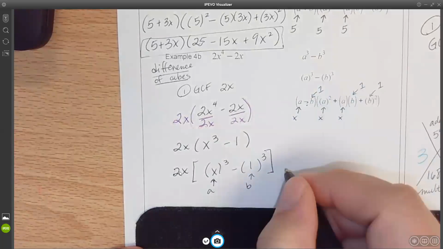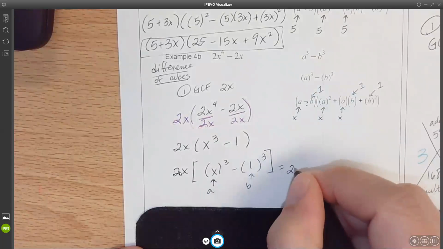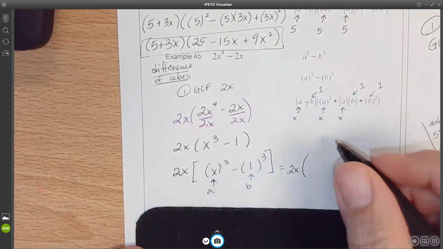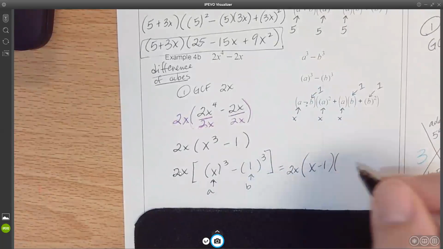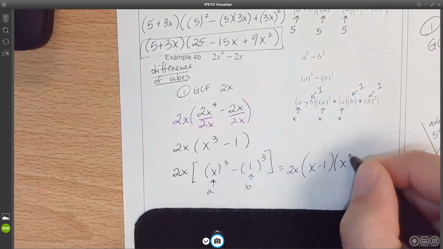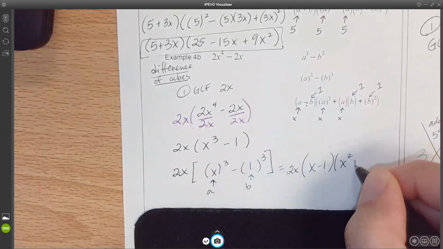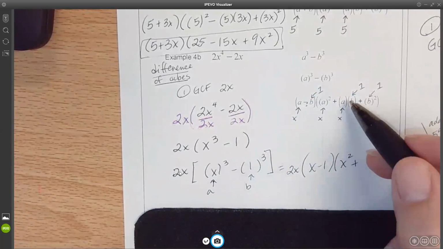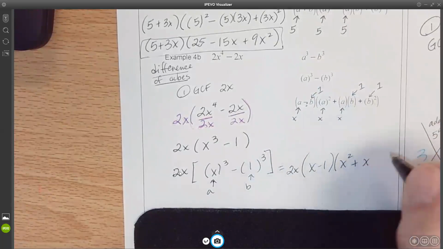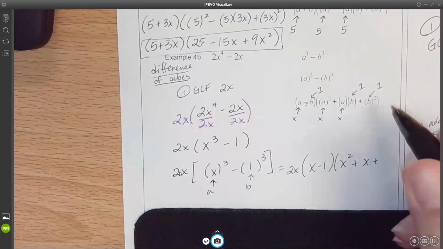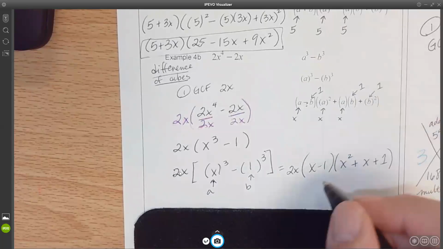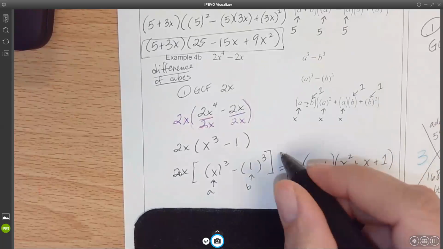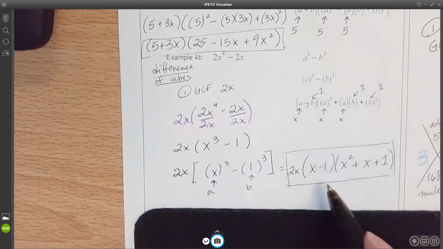And this is factored as 2x times x minus 1 times x squared plus x times 1, that's just x, plus 1 squared, that's 1. And the trinomial cannot be factored further.